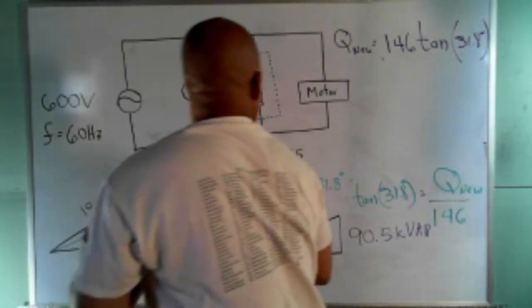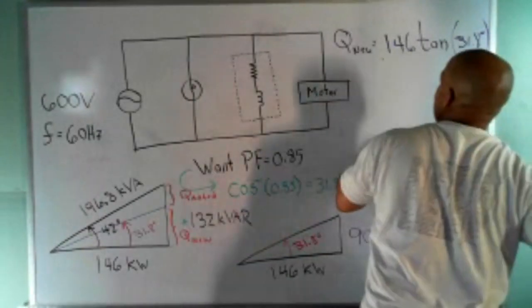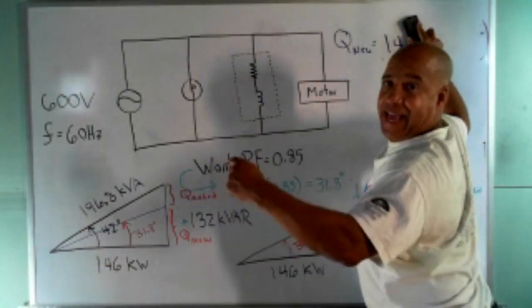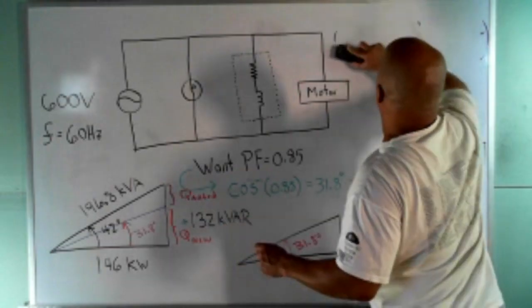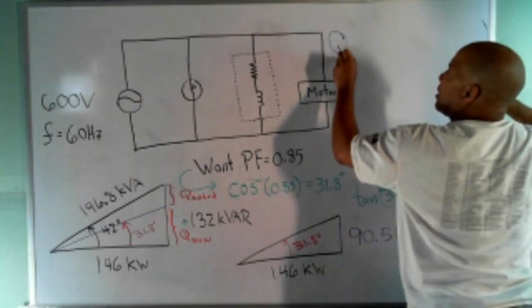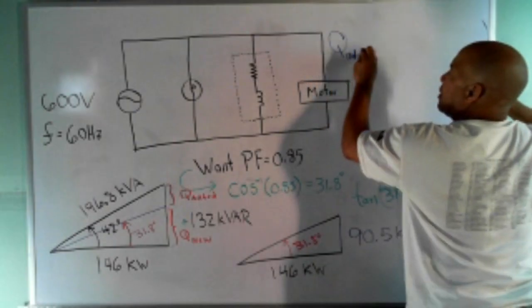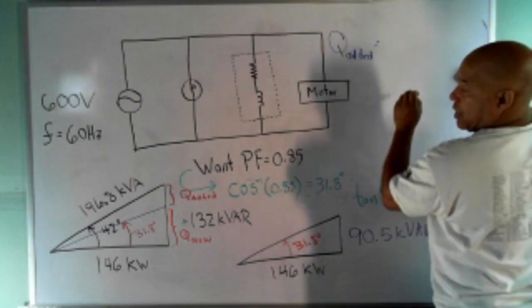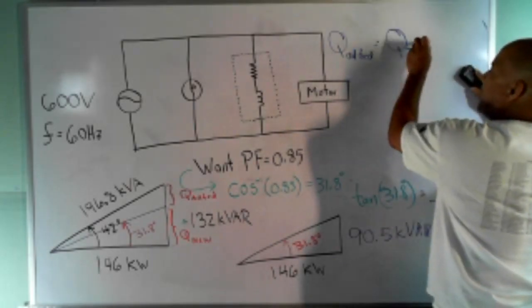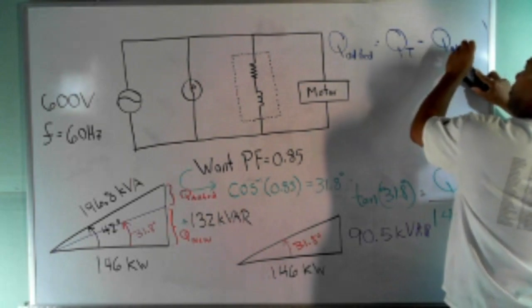So I'll get rid of this. Q, I call that Q added. That's how much Q I got to add to it to bring that side down to what we want. So Q added is just, I'll just call it QT, QT minus Q new.